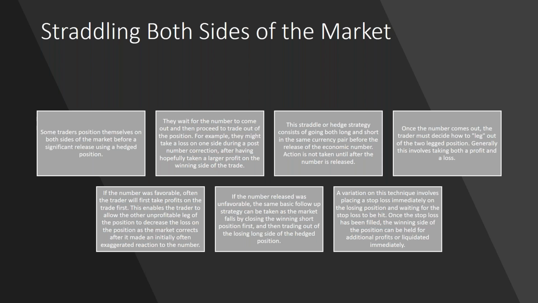If the number release was unfavorable, the same basic follow-up strategy can be taken as the market falls, by closing the winning short position first and then trading out of the losing side of the hedged position. A variation of this technique involves placing a stop loss immediately on the losing position and waiting for the stop loss to be hit. Once the stop loss has been filled, the winning side of the position can be held for an additional profit or liquidated immediately.